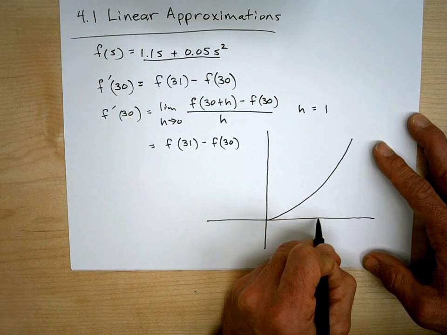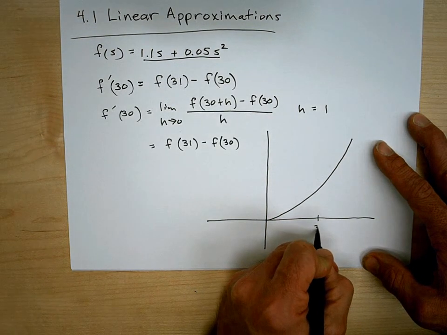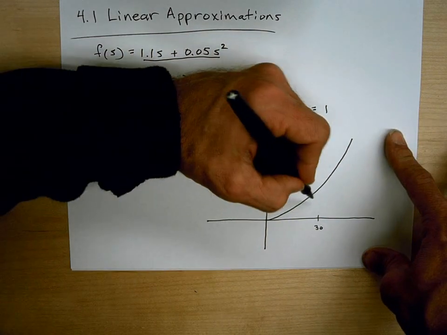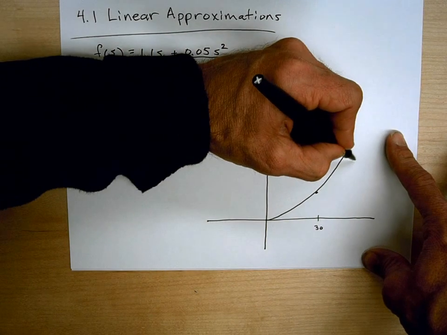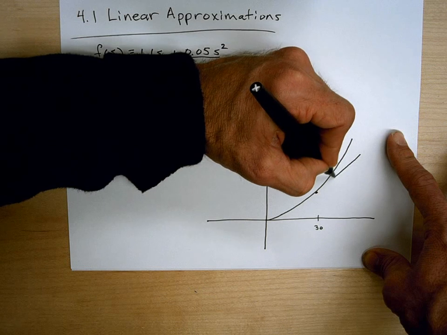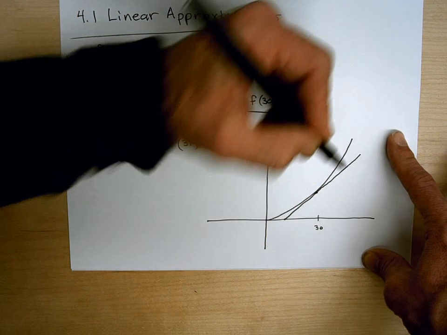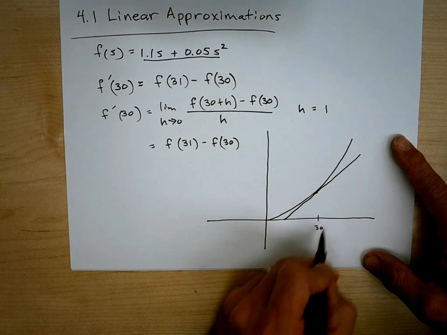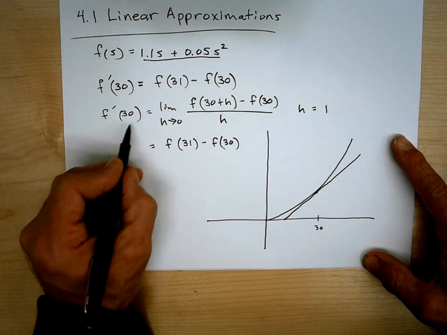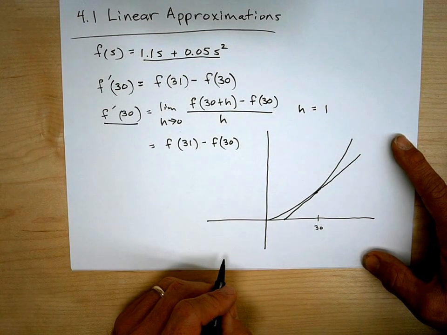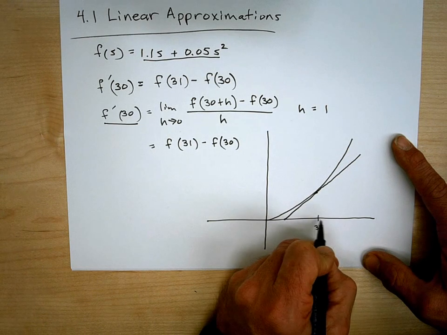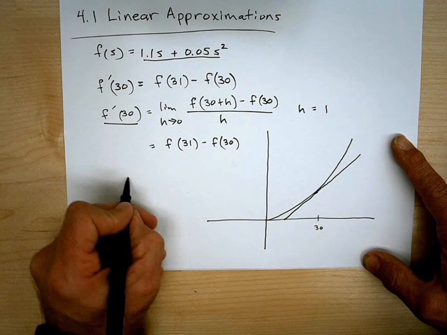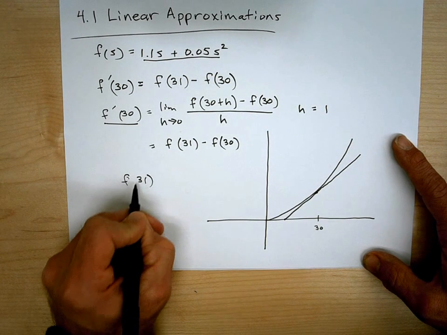All right, so maybe say here's 30. All right, so if we go ahead and put in a tangent line, all right, so we know the slope of that tangent line is f prime of 30. All right, we've already got that, and what we're saying here is, maybe we want to estimate f of 31.